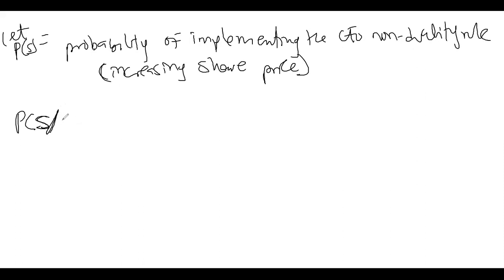Okay, so here, the probability that they increase share price or they employ the CEO non-duality, which is essentially the same, based on the fact that it is a 5-star firm, will be equal to, so the question says that 6 5-star firms have implemented the rule.